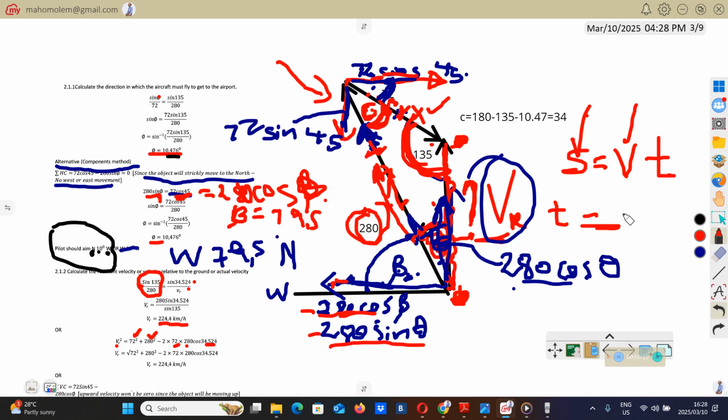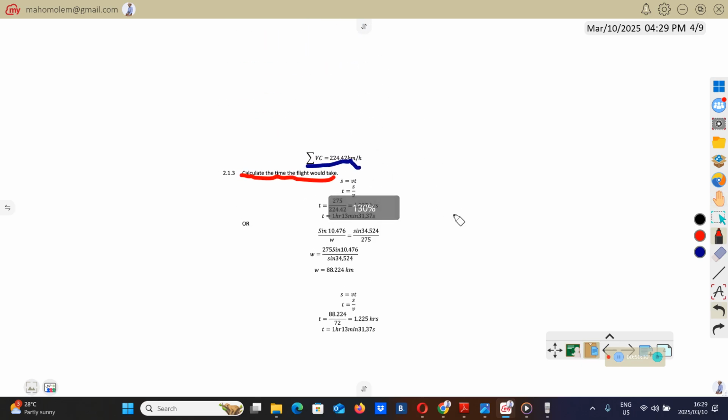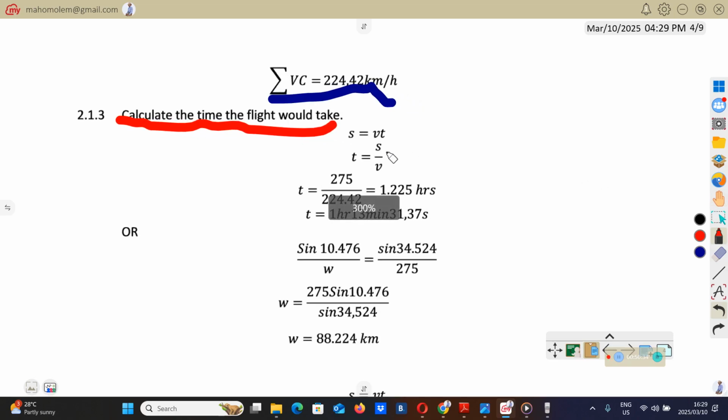So time will be equal to S over V. Just take that distance divided by that actual velocity or that vertical speed.